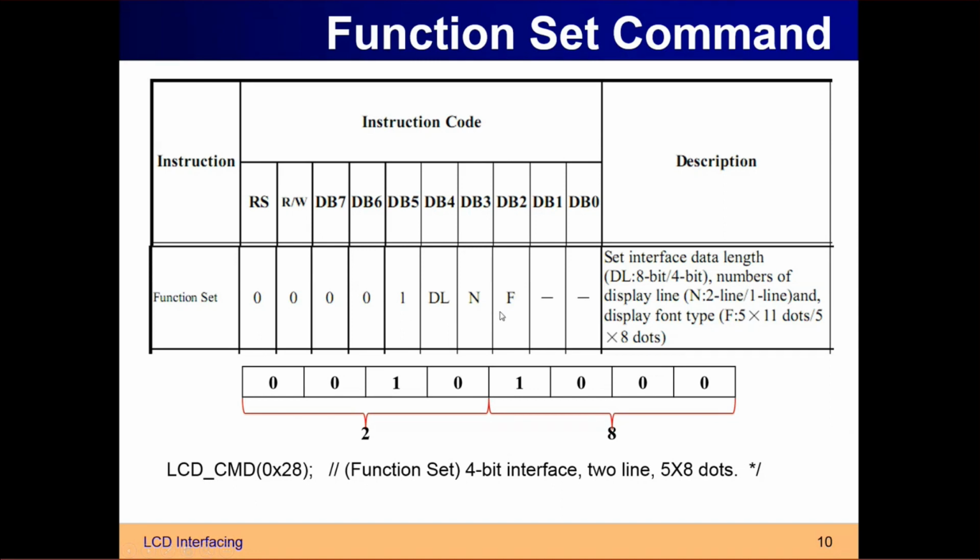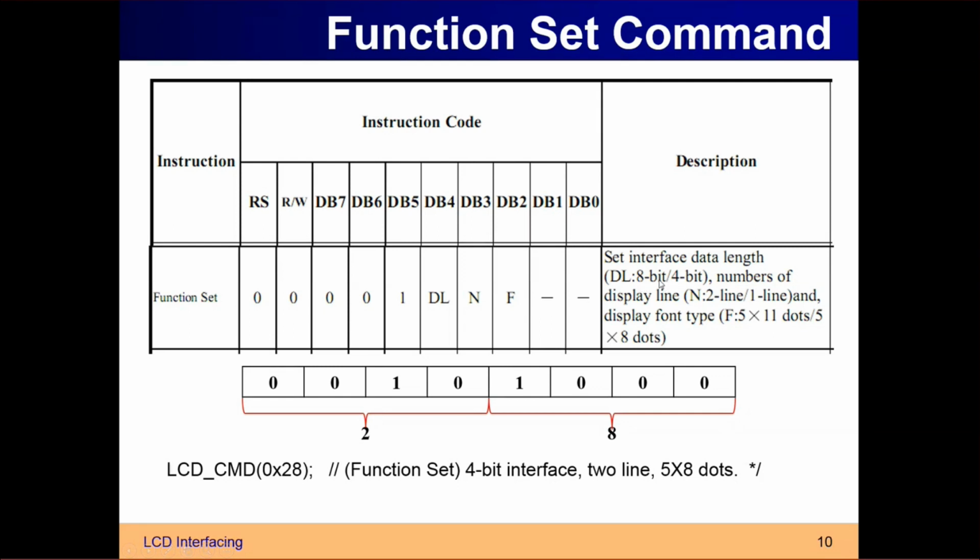By configuring D4, we are configuring the data length. If the data length is set as 1, what will be configured here? If we are writing 1, 8-bit data length will be used. That means the LCD will be in 8-bit mode of operation.